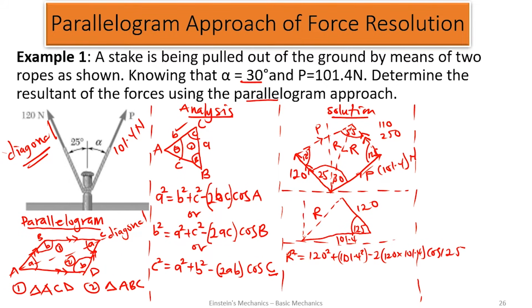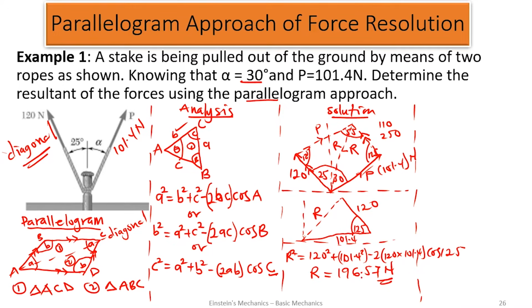So my resultant will be the square root. Finally, R will be 196.57 newtons, which is interesting. The idea here is to get the understanding of how to draw your shape and get the answer.